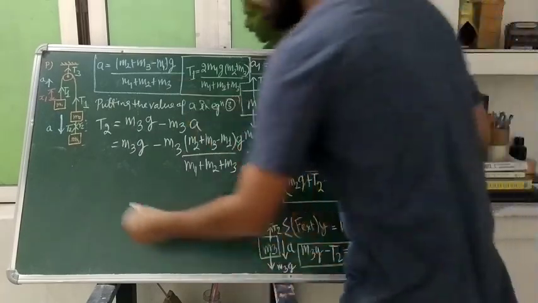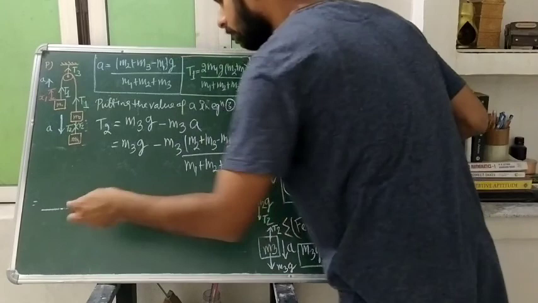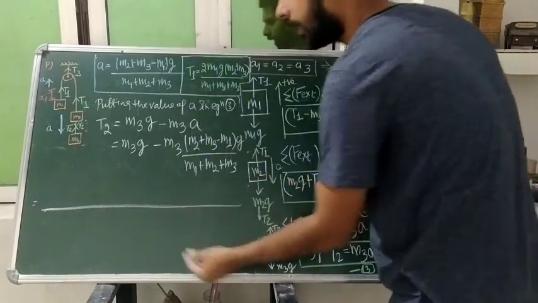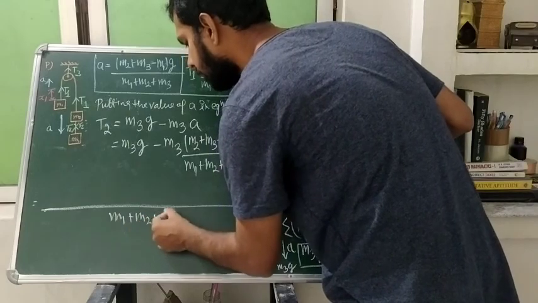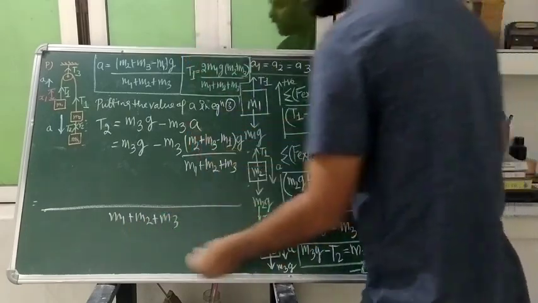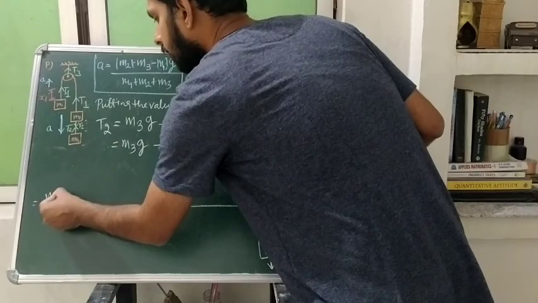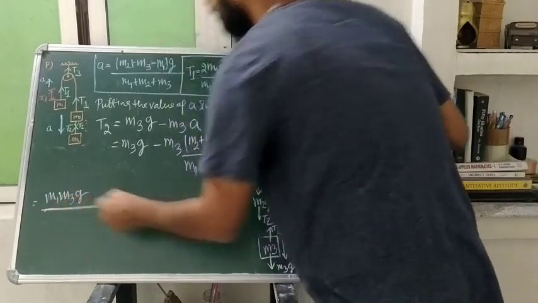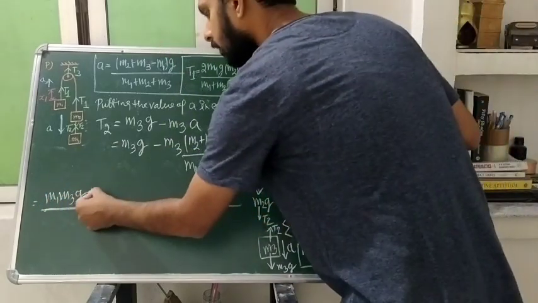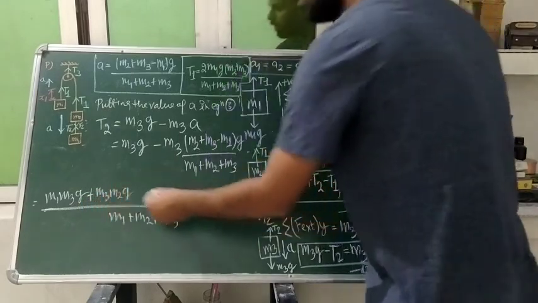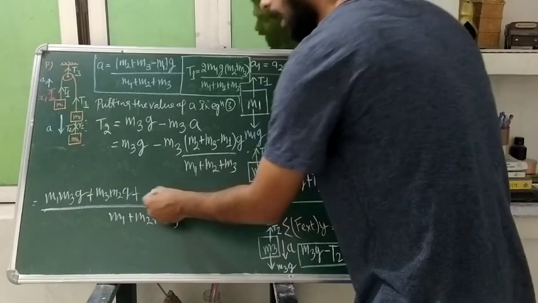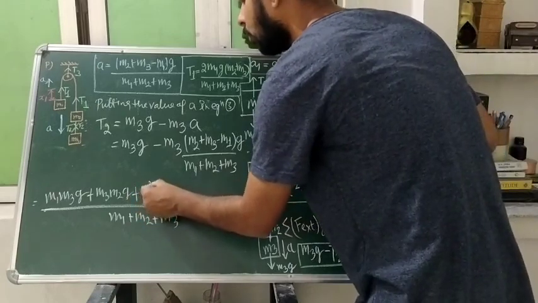Solve it. What will you do? You will take the LCM m1 plus m2 plus m3. When you multiply this, what will you get here? m1 m3g you will get, plus m3 m2g, plus this m3 square times g.